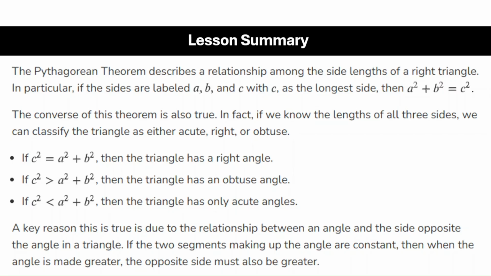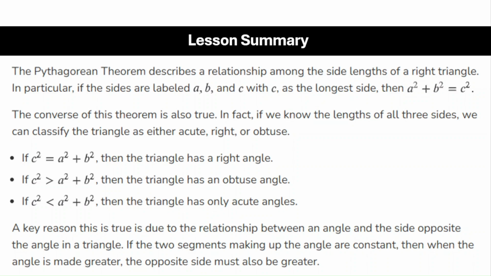The converse, or opposite, of this theorem is also true. In fact, if we know the lengths of all three sides, we can classify the triangle as either acute, right, or obtuse.